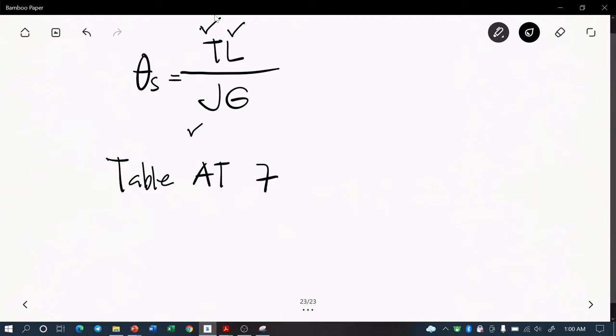So for steel, the G is 11.5 times 10 raised to the power of 3 KSI. Okay, so I guess we are now good to go for solving the torsional deflection.